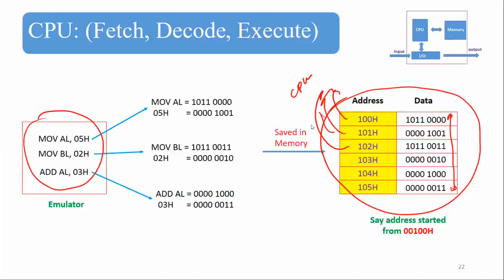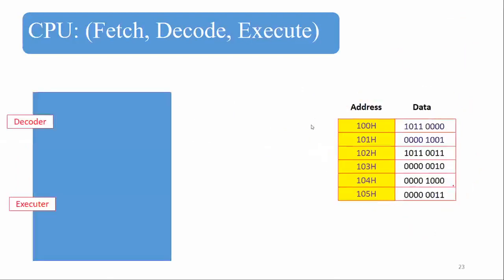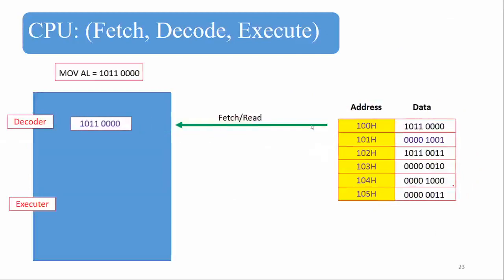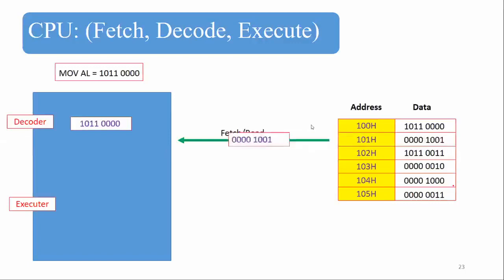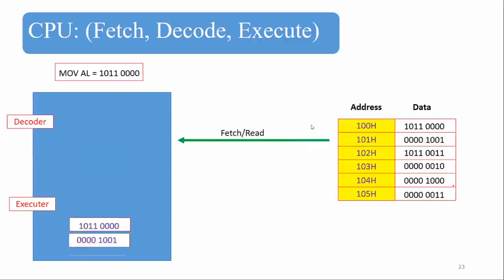Have you understood? Yes, sir. The program data are saved in the memory. Whenever the CPU needs to execute, it will fetch the content of the addresses to the CPU. Now you can see a visualization. It fetches MOV AL, then what to move, 05H, then it goes to execution and becomes executed. When we go inside the box, we'll see how that is decoded and how this fetch is working inside the CPU.